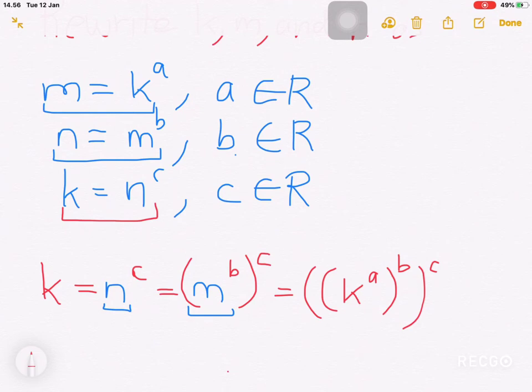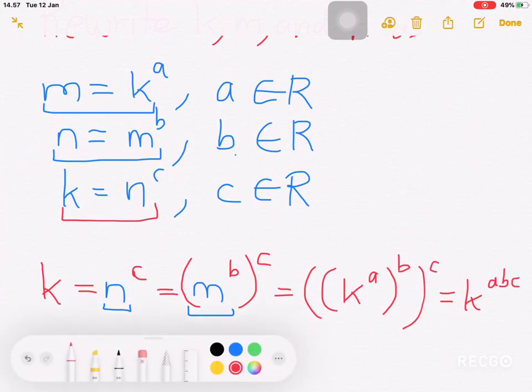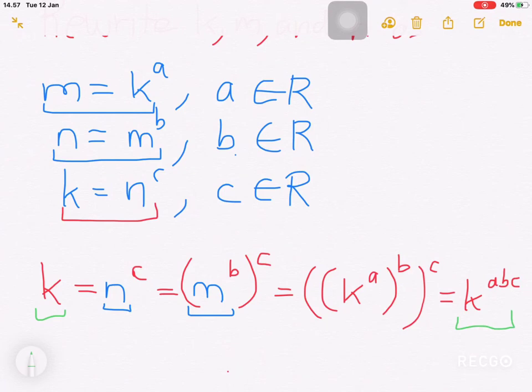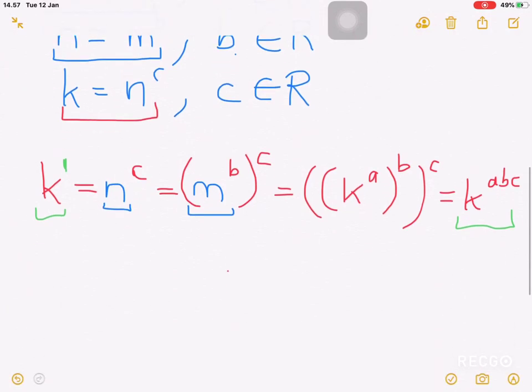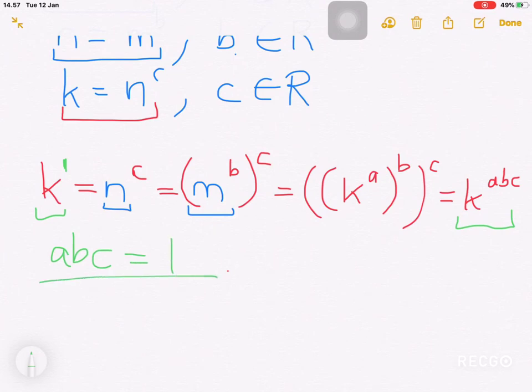Then we can multiply the powers together to get k to the a times b times c. And notice this is all equal to k, but we have only k to the 1 power. What it tells us is we can just remove the k's and assume that a times b times c is equal to 1.